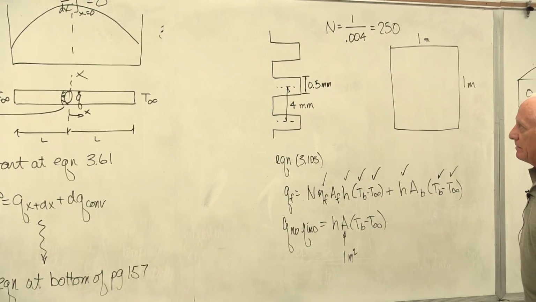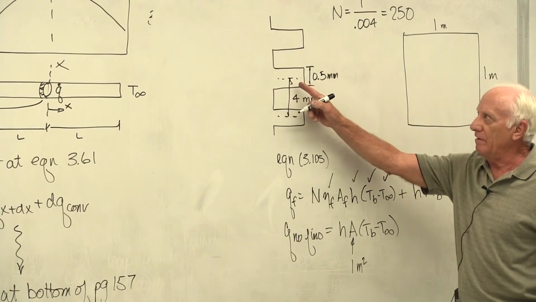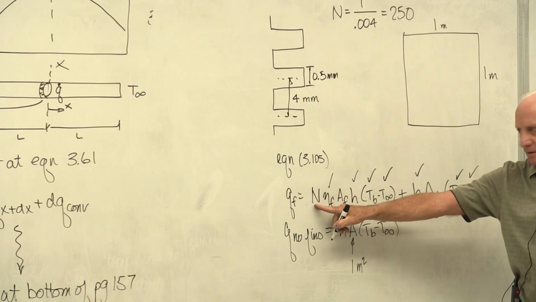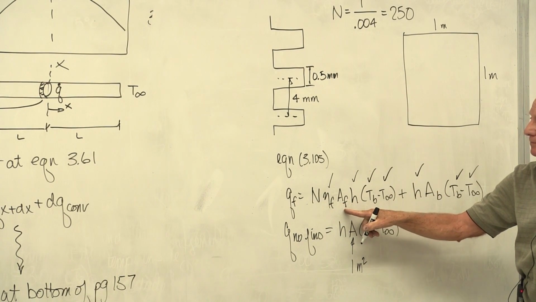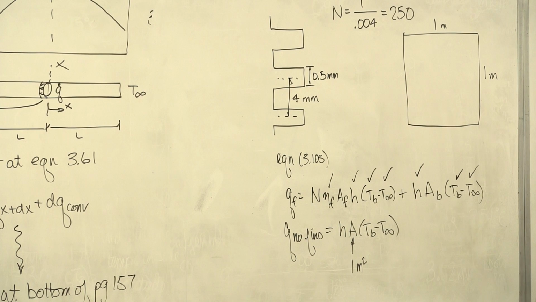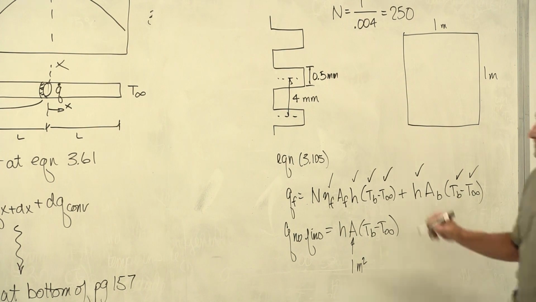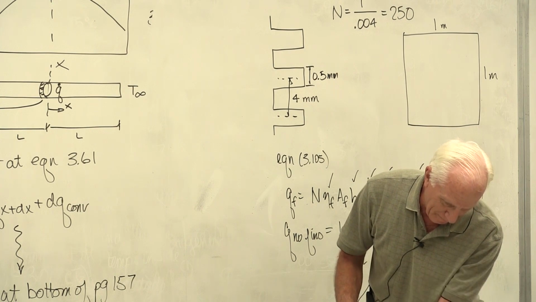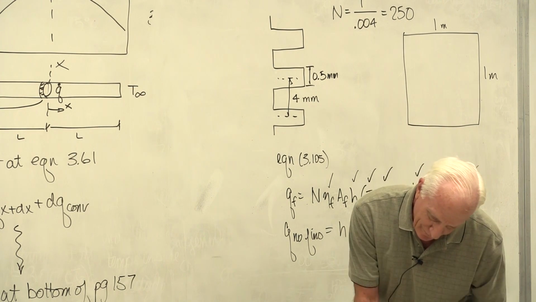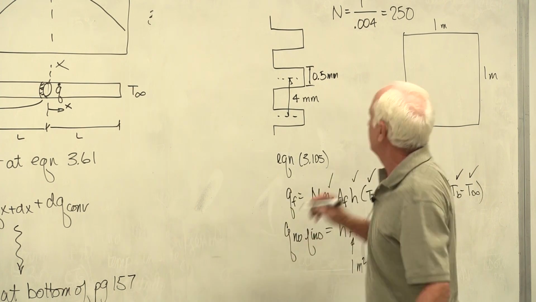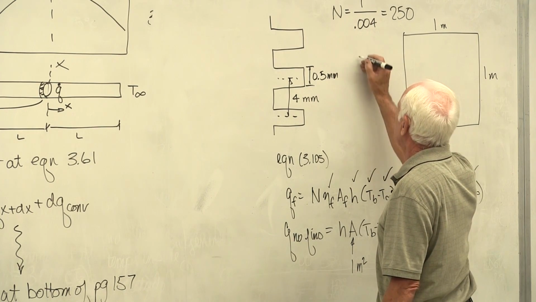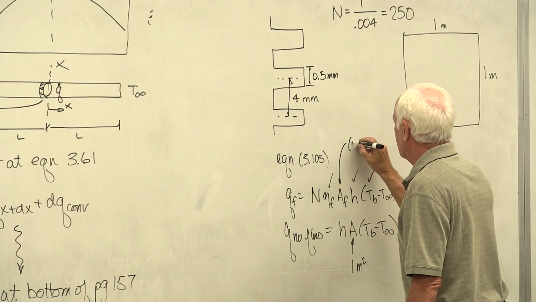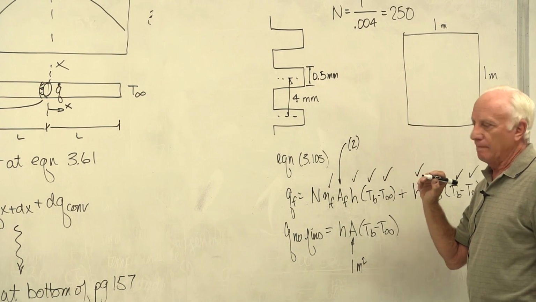What is the area of the fins? Take the area of 1 fin, multiply by 250. What's the area of the fin? Well, let's see what L is. Fins are 50 millimeters long. Two, top and bottom.